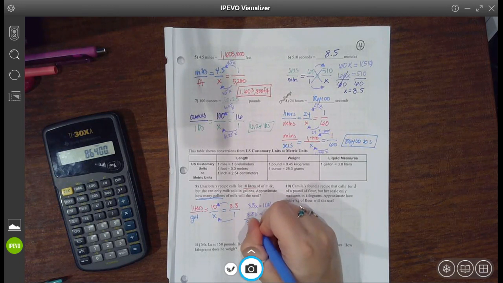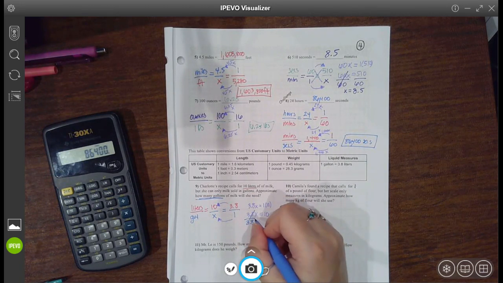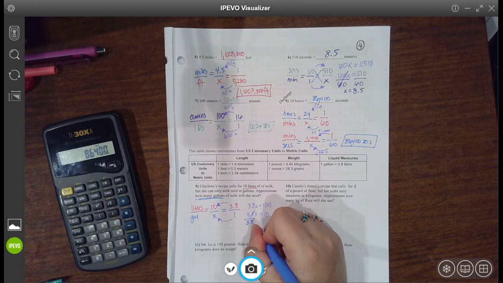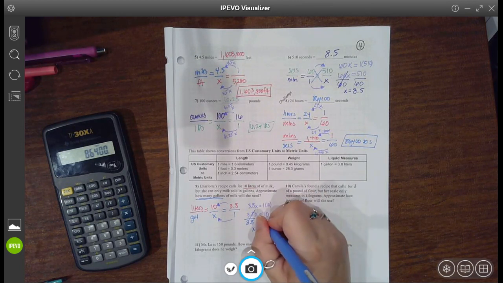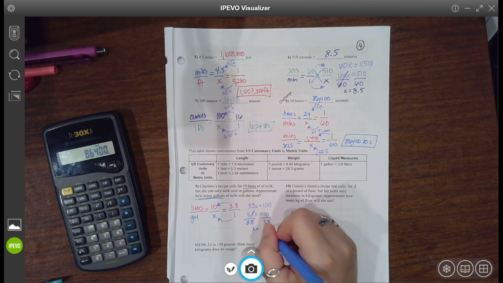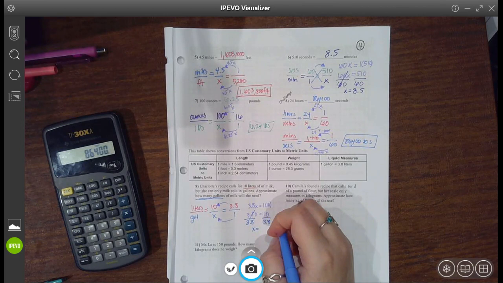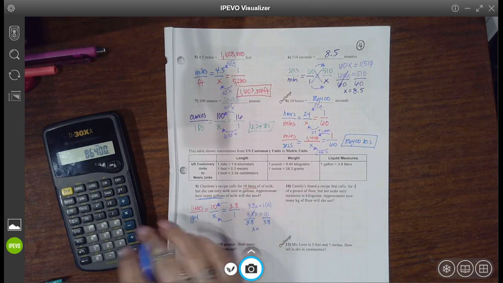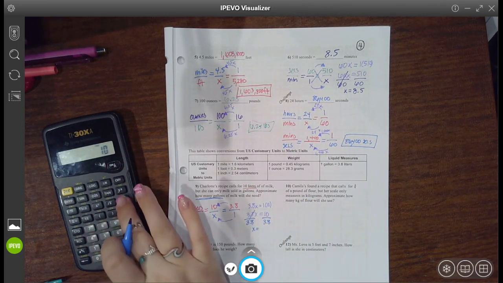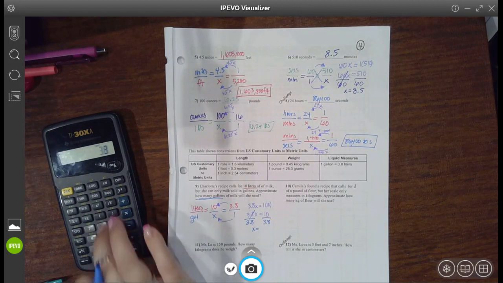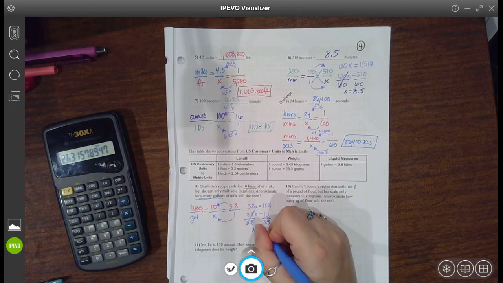So divide by 3.8 so that those cancel, because anything over itself is 1. And then 1 times x is x. And whatever you do to one side, you got to do the other. So now you have 10 divided by 3.8. And you get, let's see, a very long number in my calculator.